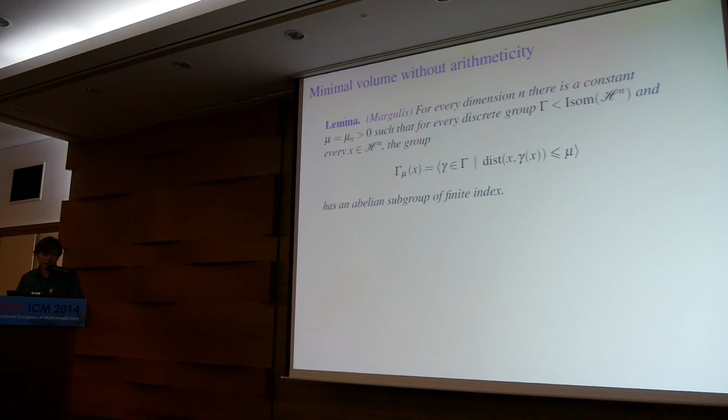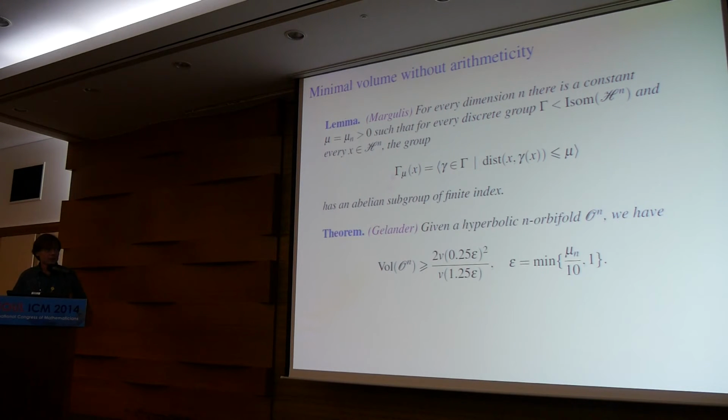It's a very tricky task, in fact, to extend this to orbifolds. This was done by Gelander, and this is his result. He used Morse theory to push this result from manifolds to orbifolds, and it works with a slightly worse constant. So it's not exactly the Margulis constant.